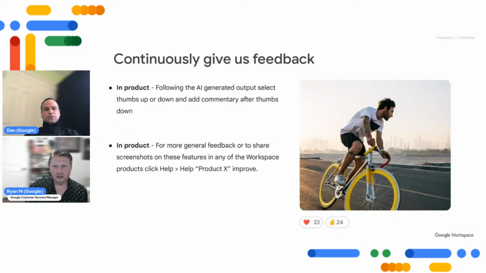And then I saw a ton of feedback in the chat during this webinar. And so, if you have feedback on the product, give that to us. Once you receive an output of a prompt, you have the opportunity to give it a thumbs up, thumbs down. If you don't like it, give it a thumbs down.